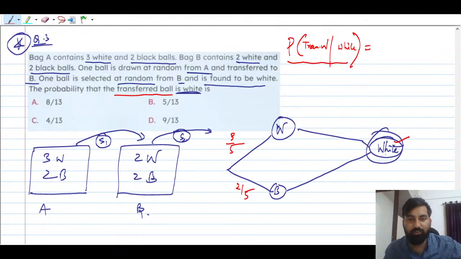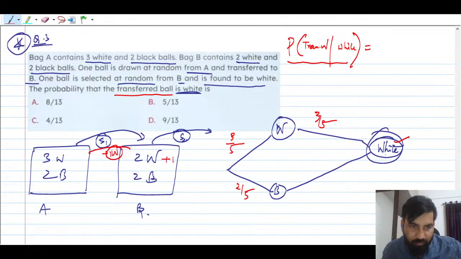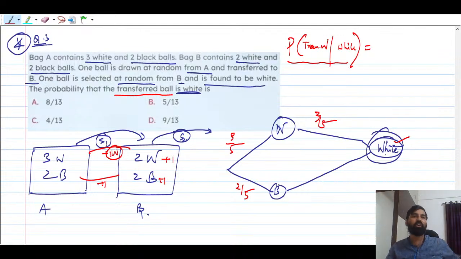That is going to be 3 by 5. Why 3 by 5? Because if you take a white ball here, this becomes plus 1, and if you take a black one, that becomes plus 1, right? Only one ball has to be transferred. I'm just not going to write it like this, you have to understand.